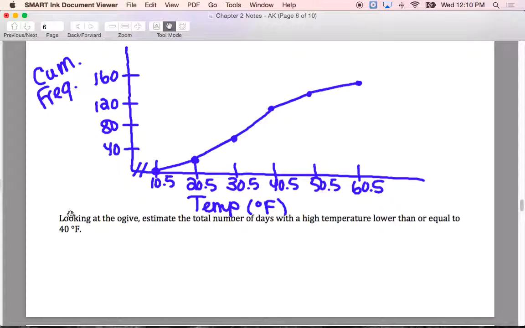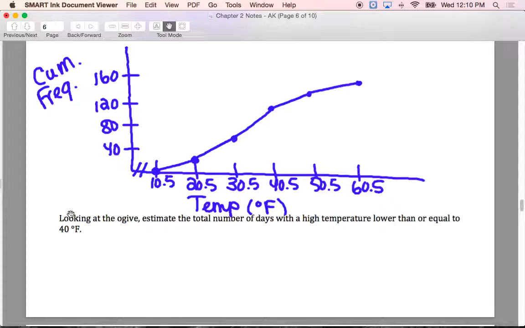Now for part B, as you look at these, it says, looking at the ogive, estimate the total number of days with a high temperature lower than or equal to 40 degrees Fahrenheit. So 40 degrees Fahrenheit is going to be how many days that we are looking at. If we want 40 degrees, that's your class boundaries.